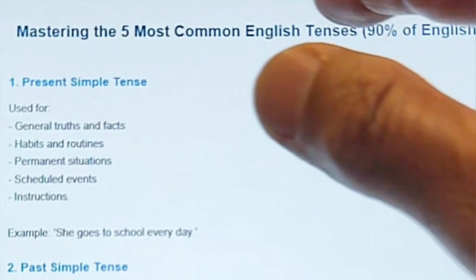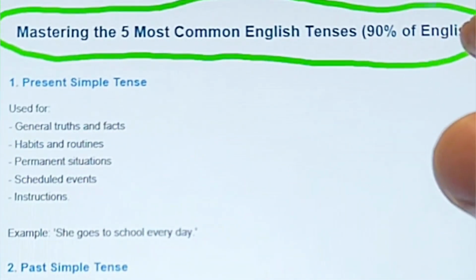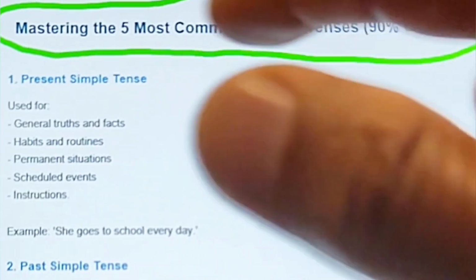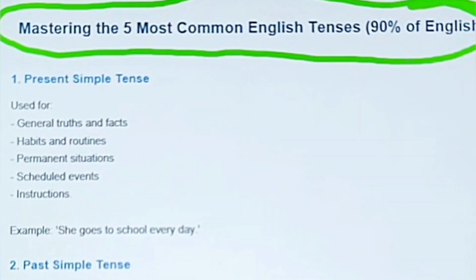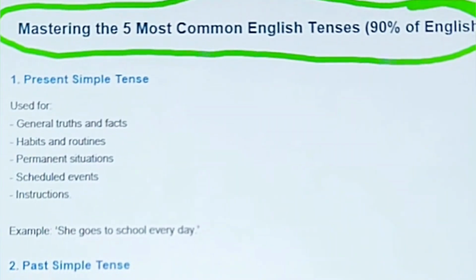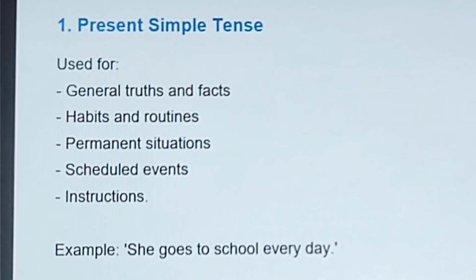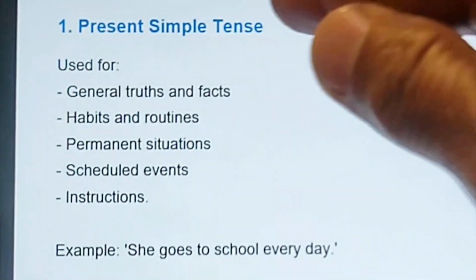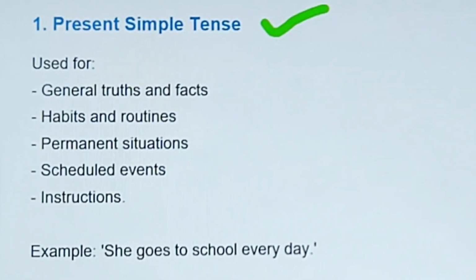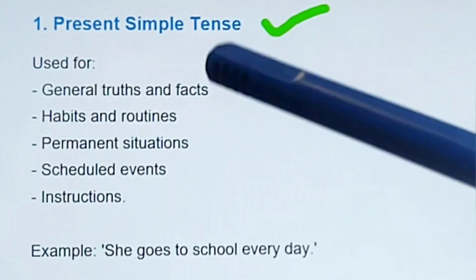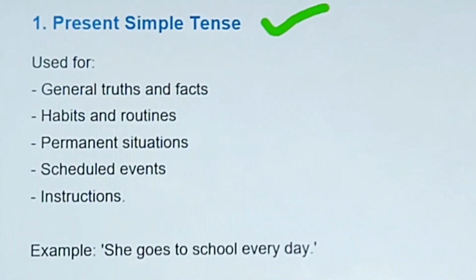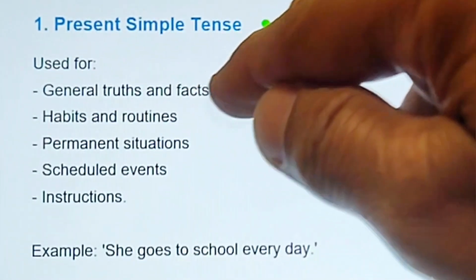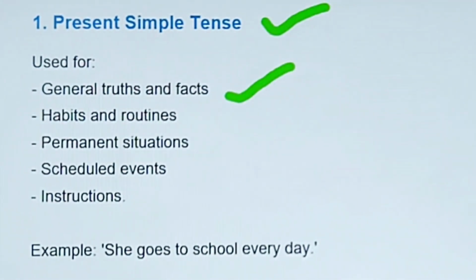So here we go. Mastering the most common English tenses, the 90% of English we use. Let's explain them one by one. First of all, the first tense here is present simple tense. We use present simple tense for general truths and facts.